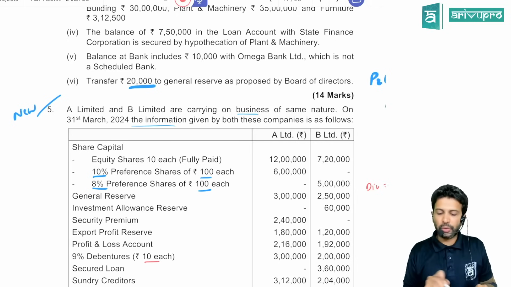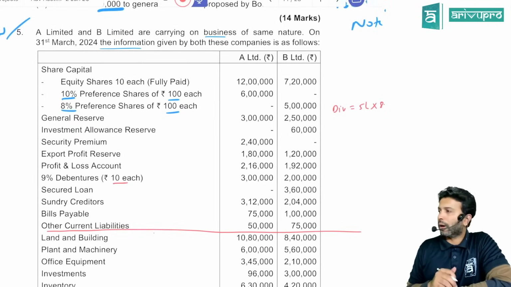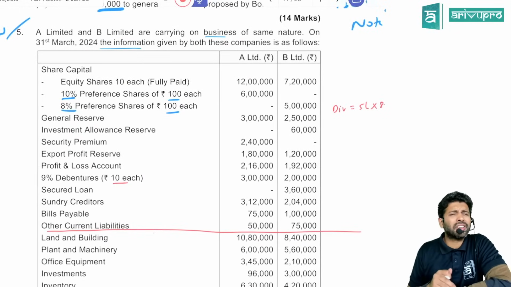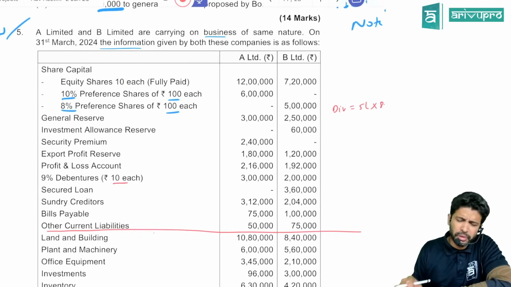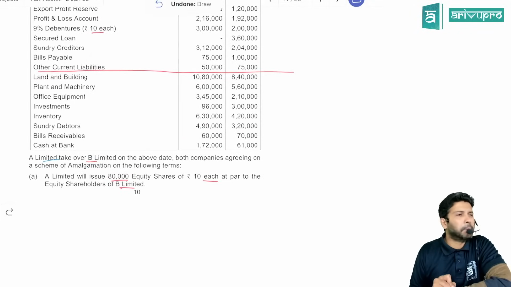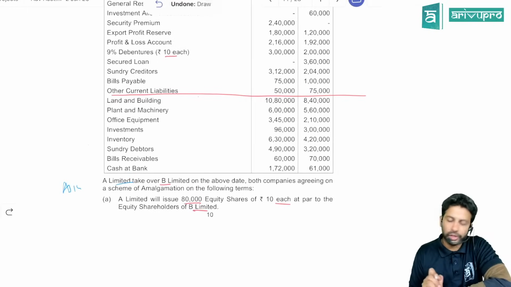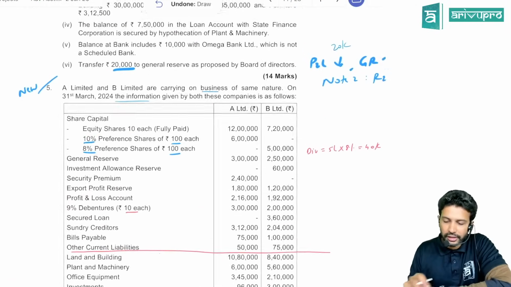On 31st March 2024, information given by both these companies is as follows. So, two companies' data they have given. Probably this is an amalgamation or consolidation question, maybe we'll see. If you want, we can confirm it. A Limited took over B Limited. That means this becomes your amalgamation AS 14 question. Okay, fine. So, they've given the data.